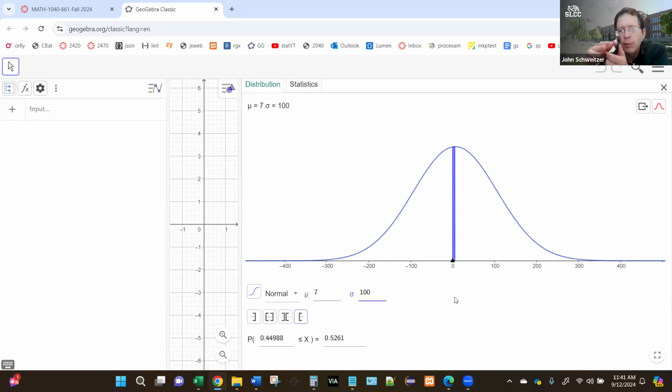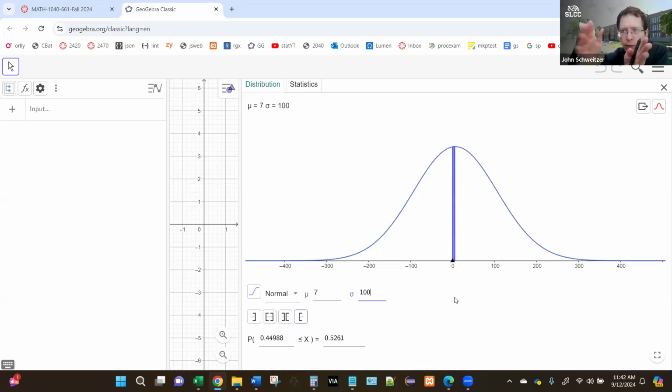It's still normal, but it has a different center and a different spread. And that makes sense, right? Because let's say you're using the normal distribution to think about weight of adult females, right? So adult females will have a certain average weight. That'll be the middle of the distribution. But you might use a different normal to look at the weight of newborn baby males, right?